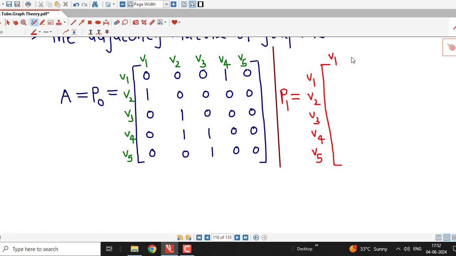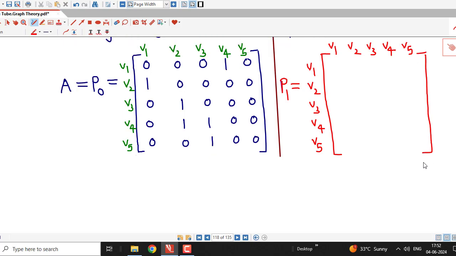Here also I have to write V1, V2, V3, V4, and I will write all the entries of P1 using entries of P0. Suppose I am interested in this entry, say the entry at the 1 1 position. So I am writing the 1 1 entry of P1.